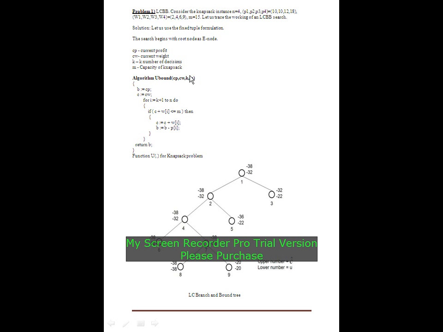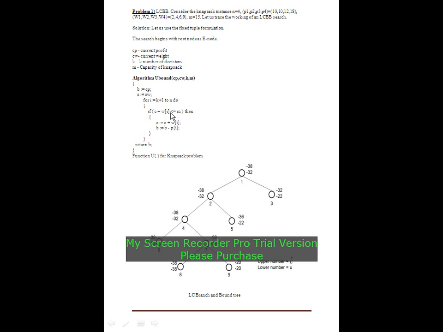So knapsack capacity is 15 and current profit is 0, weight is 0 and first iteration value is also 0. And next here, B equal to Cp, that is the benefit equal to Cp, and weight equal to Cw. For i equal to k plus 1 to n, we continue until n is reached for the number of items. That is selection of items whether we can accept or reject.